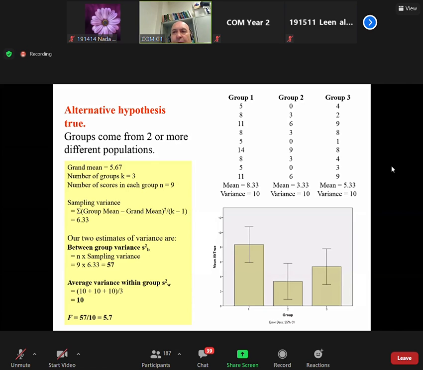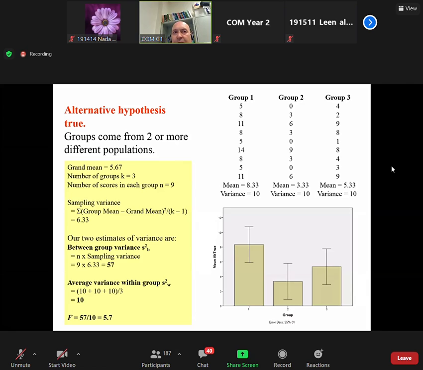That's the null hypothesis. And a treatment effect is that if there is a treatment effect in one of the groups, then it would increase or decrease their mean response, compared with the other two groups. Now, as we've got three groups, it's a bit more complicated.